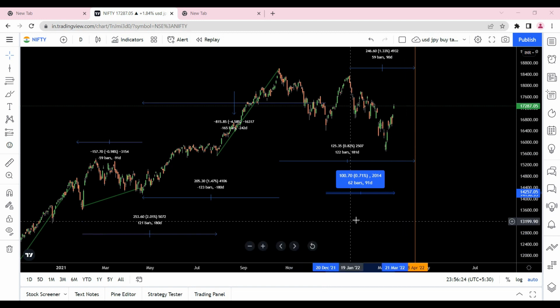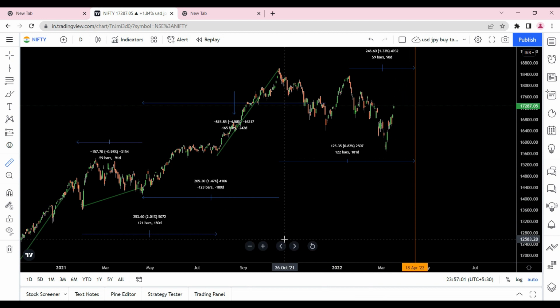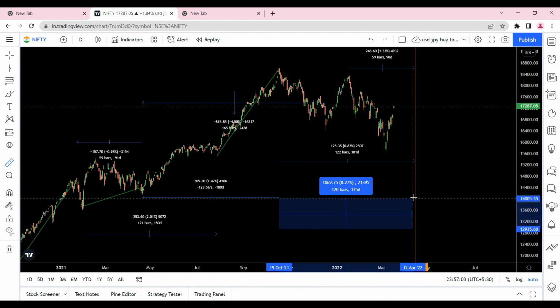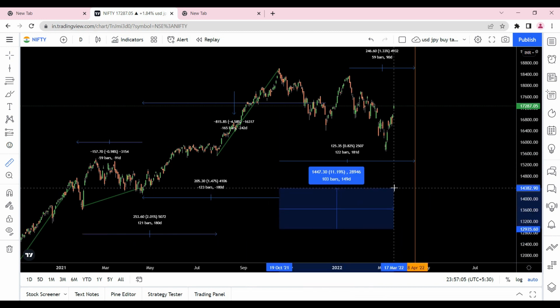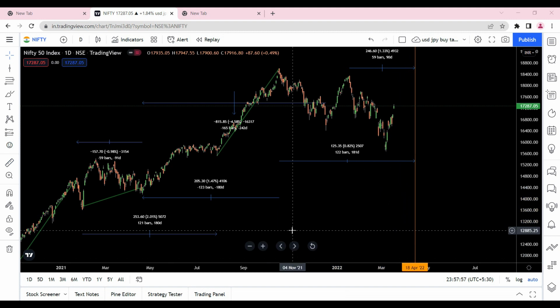So 4 times 90 is 360. So from this high, it's actually 153 days, 49 days, and 153 days because of 3 days holiday. So it's 30 times 5, 150. Sometimes the trading bar also aligns well with the calculation.